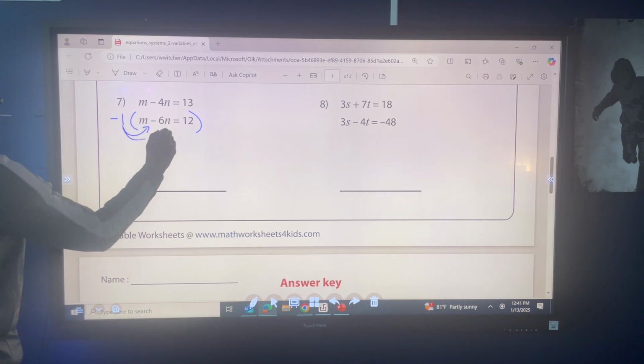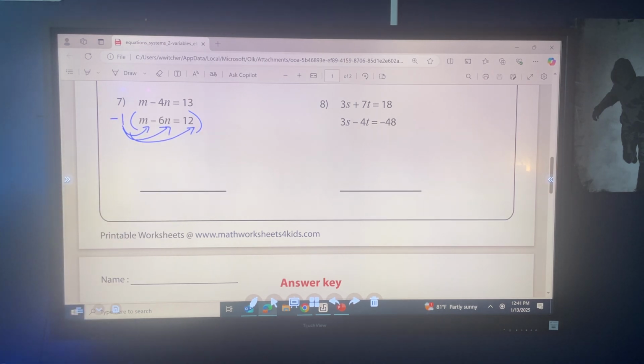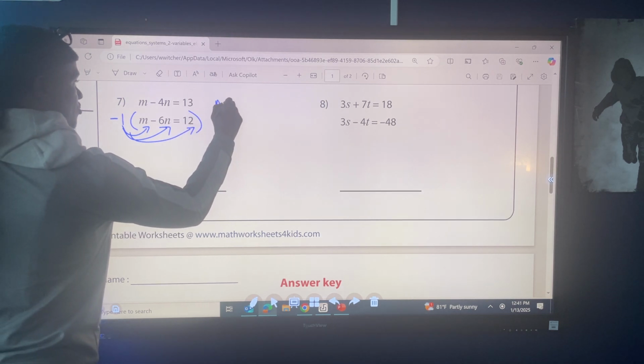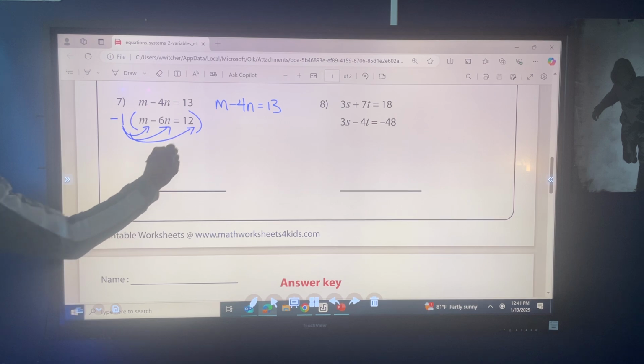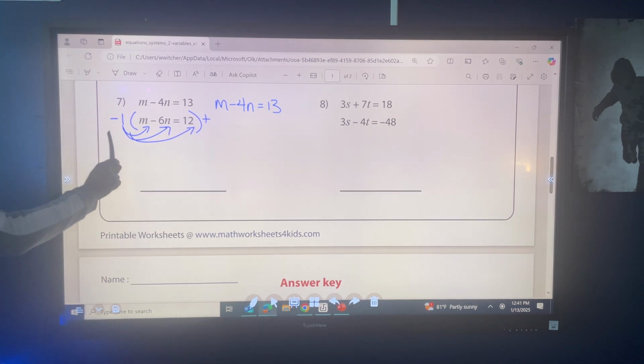Distribute. Then you get positive 2 and what do I get? First one, I have to multiply the negative, it becomes positive. Yeah, positive.